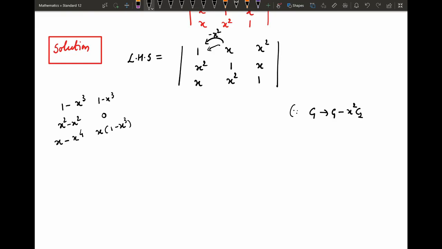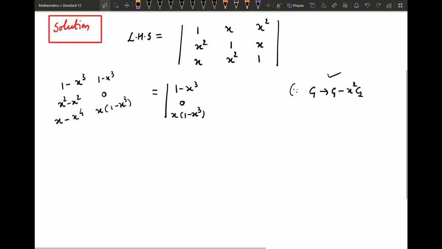So if we perform this operation, then new first column will be 1 minus x cube, 0 and x times 1 minus x cube. So you can observe from first column we can take 1 minus x cube common, which is as a one factor on right hand side.